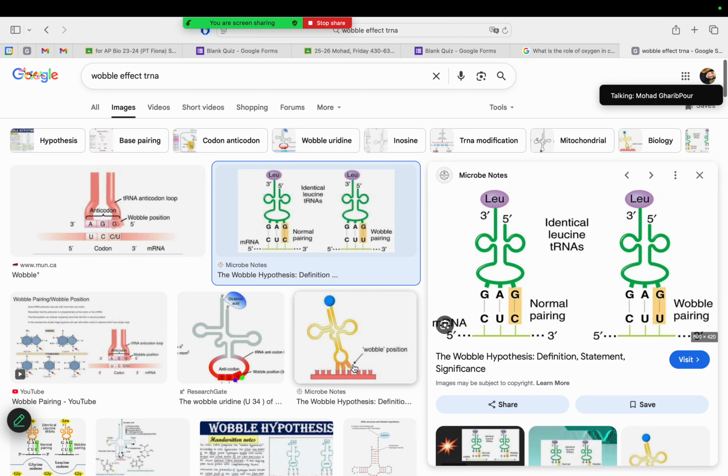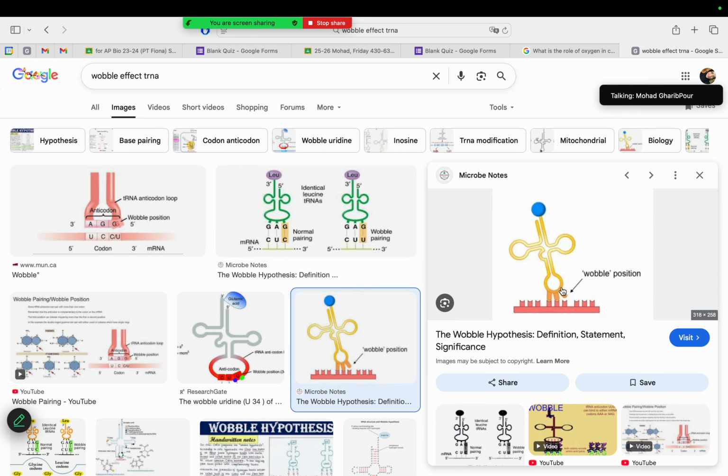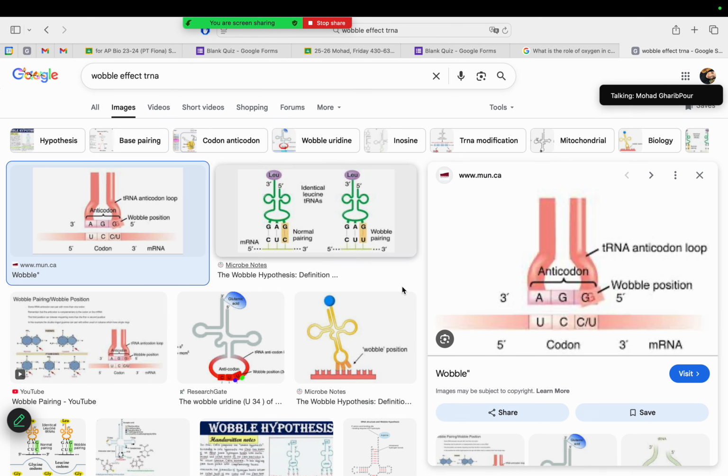Another example, so wobble refers to how you see this roundness of the tRNA. It actually positions the tRNA in this way. So it'll bind directly for the first two, and then the third one is a little wobbly, okay? So it doesn't directly bond, and so it can actually recognize, or it's okay with, other nucleotides in that position.